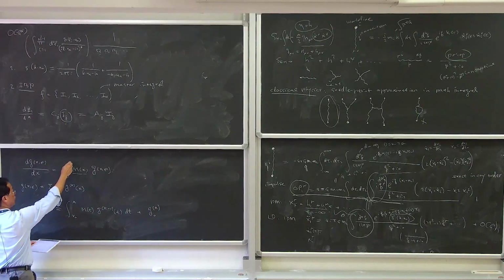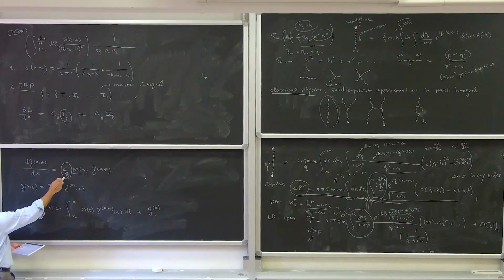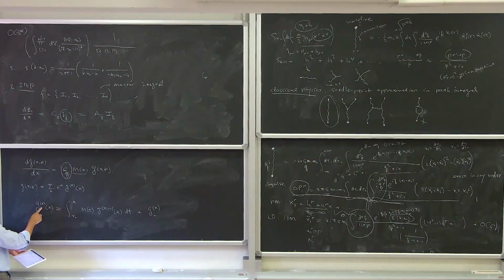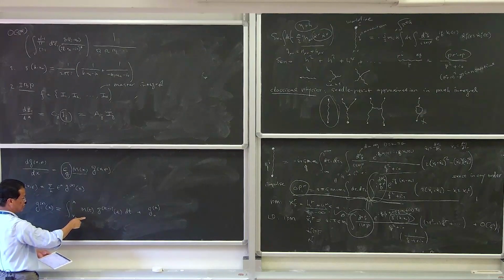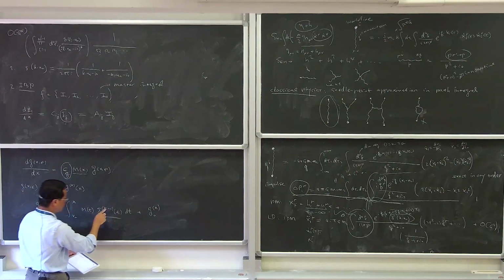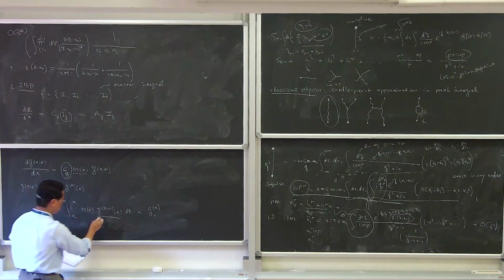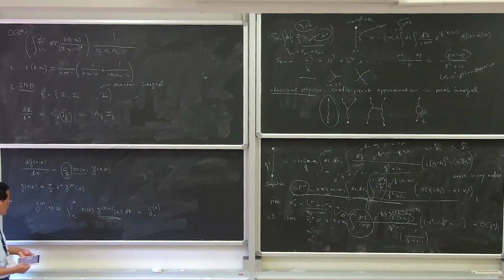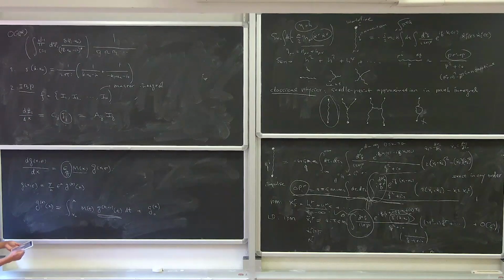Because there is the overall epsilon factors. So if we compute, like, a GK order, in this case, on the right hand side we just need to consider GK minus 1 order. In this way, we can construct the solutions order by order in a systematic way.